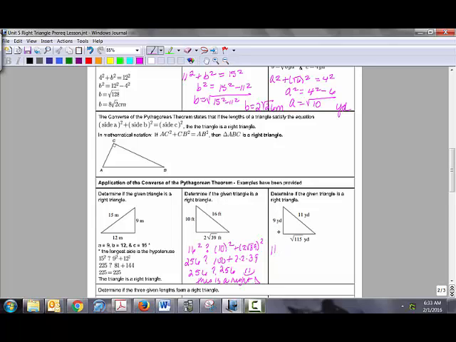You have 11 squared. Is that equivalent to 9 squared plus the square root of 115 squared? So it's 121, the same as 81 plus 115. And I have 121 does not equal 196. So this is not a right triangle.